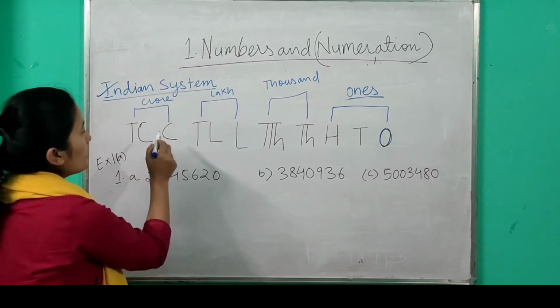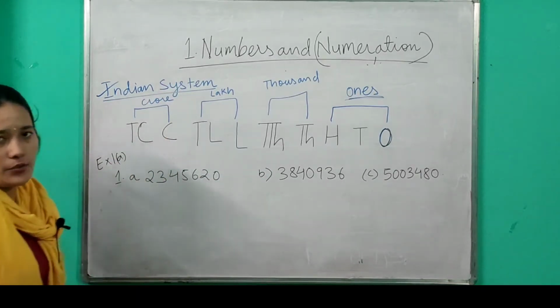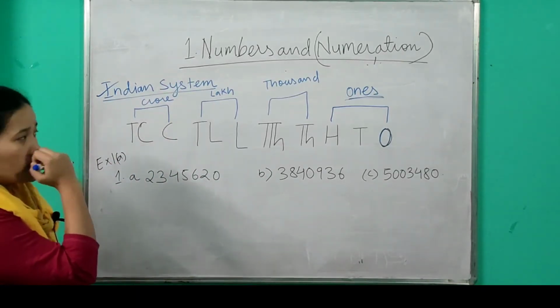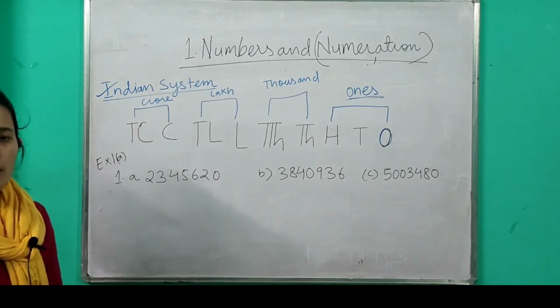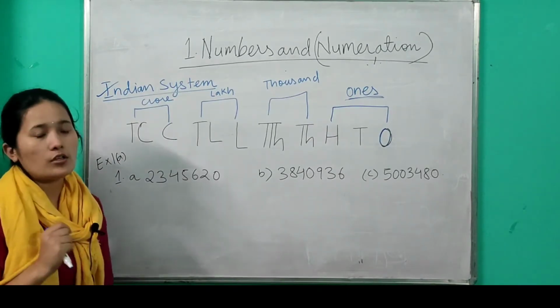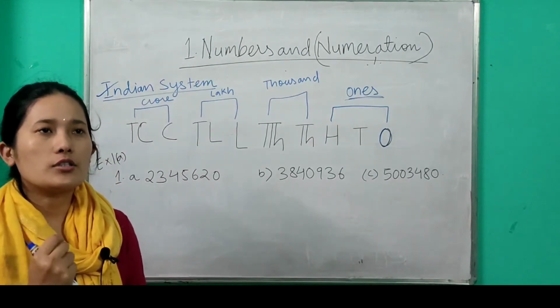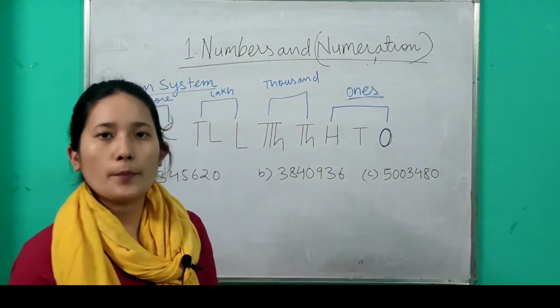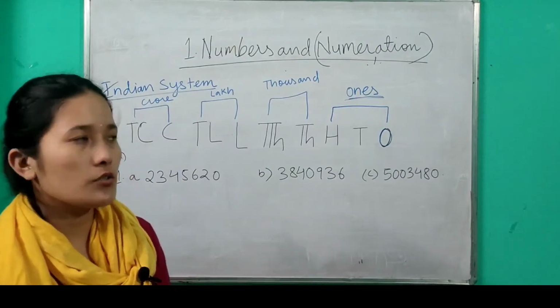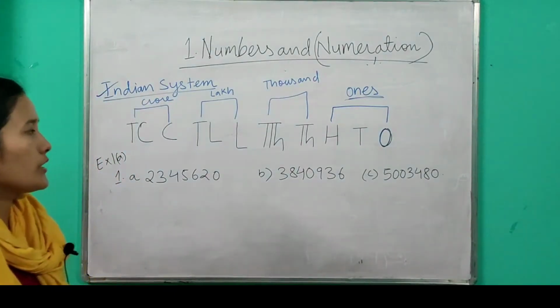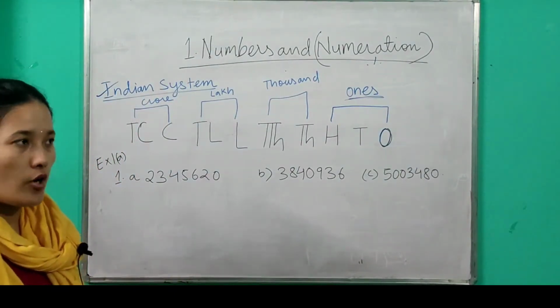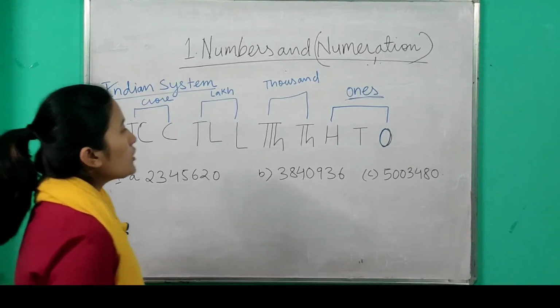Crore has 2, crore and 10 crore. Now why is this important? The understanding of this is important later on while solving the exercise questions, while converting words into numbers or numbers into words. This is very important, and also putting commas.